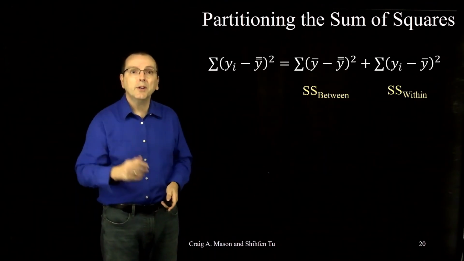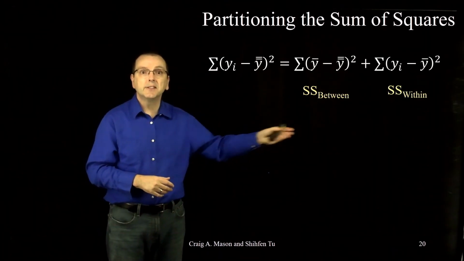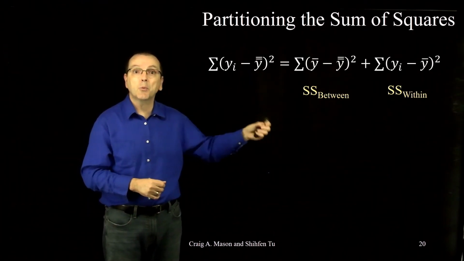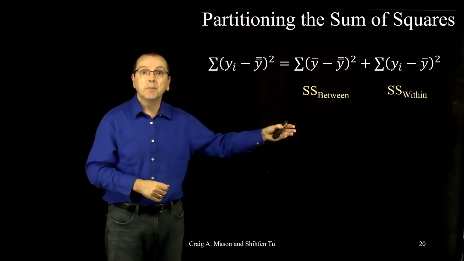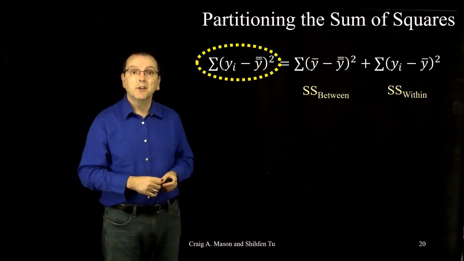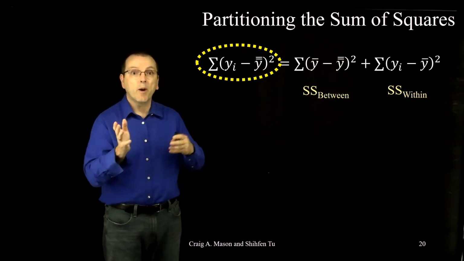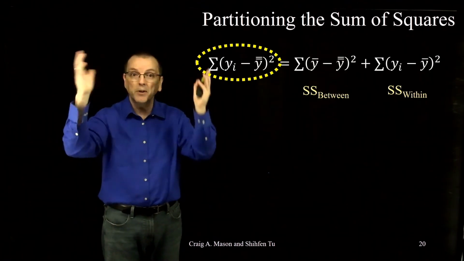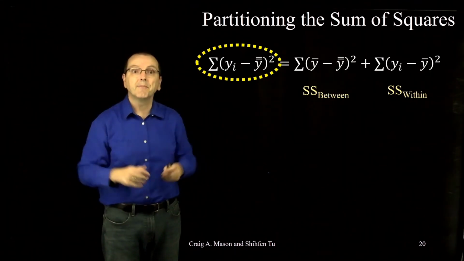Now, as we noted, the sum of squares between plus the sum of squares within, if we add them up, will equal that overall sum of squares, based on the squared deviations of each individual score from the grand mean, across everybody.